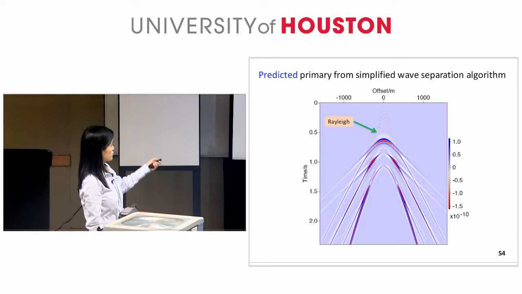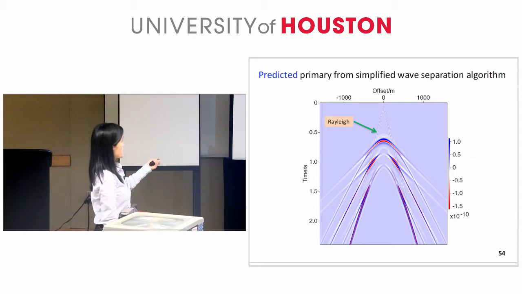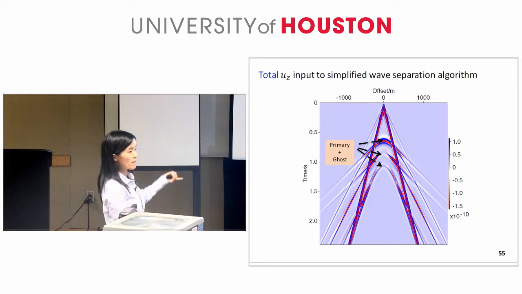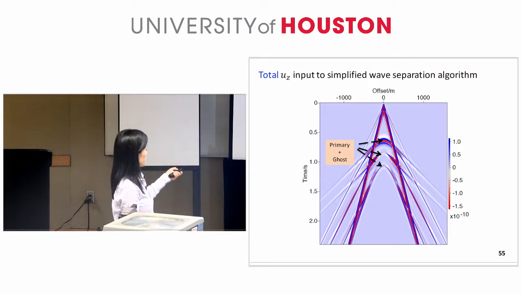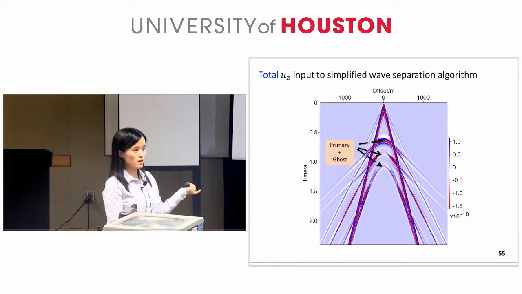There is a residue here, but its energy is very weak. If we look at these 3 events in the total wave, all of them have both primary and ghosts. In our prediction, their amplitude is altered because the ghosts do not exist in your output result.